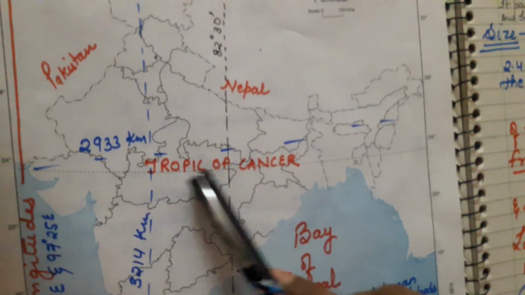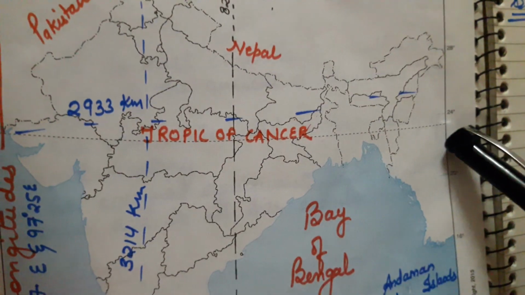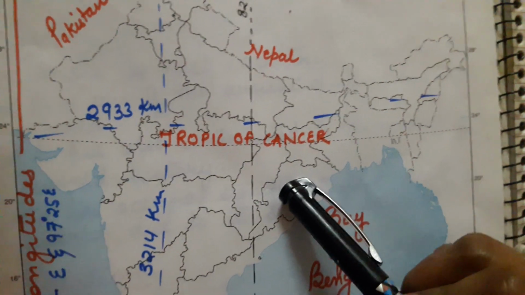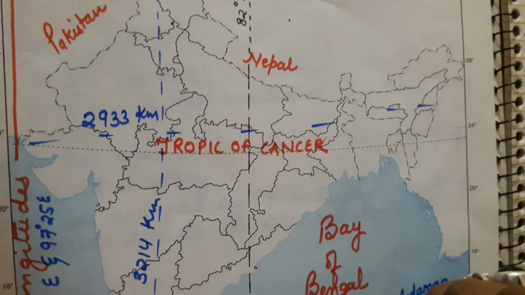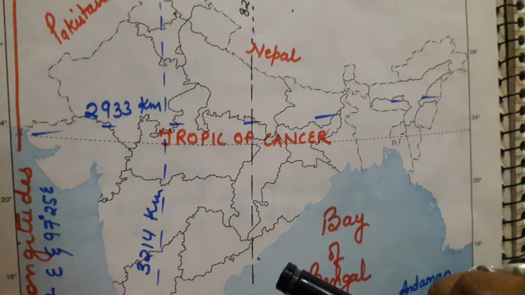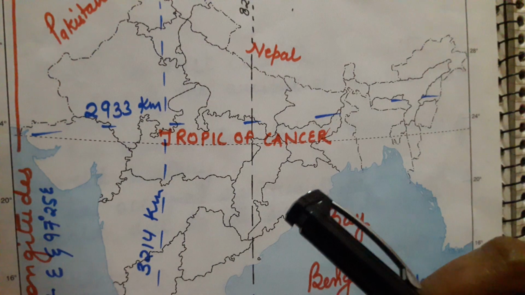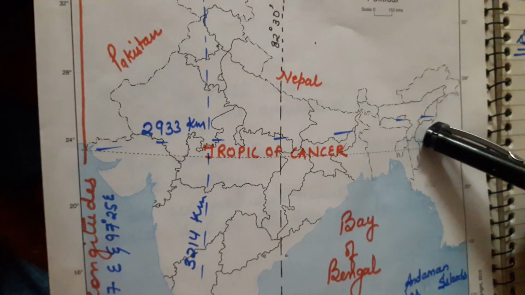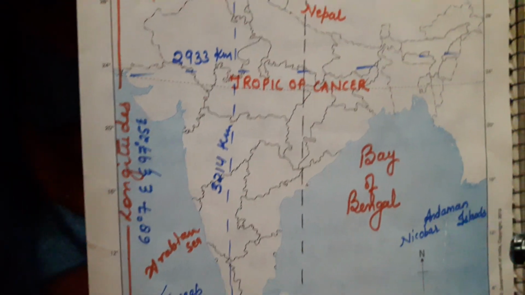Now you are seeing one line in the middle of the map. This line is the Tropic of Cancer. As all of you know, the Earth is divided into two equal halves by the equator, and the northern hemisphere has the Tropic of Cancer and the southern hemisphere has the Tropic of Capricorn.